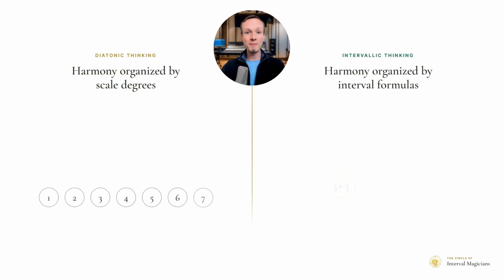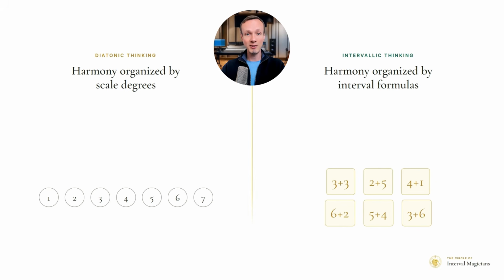Now, I want to go a bit deeper into how harmony can be organized on both sides. On the diatonic side, we talk about scale degrees and scale step theory. On the intervallic side, we often work with interval matrices and interval formulas that connect to each other.